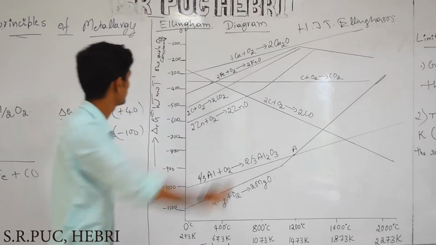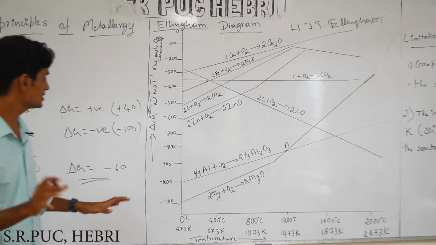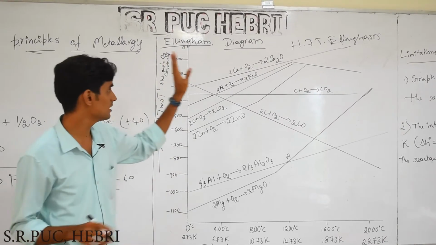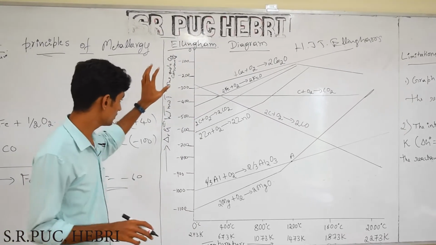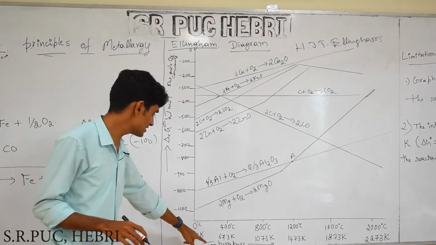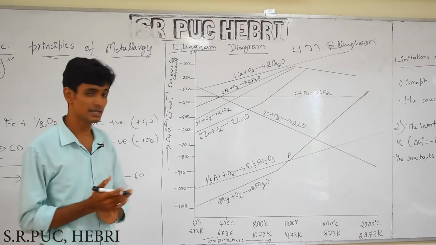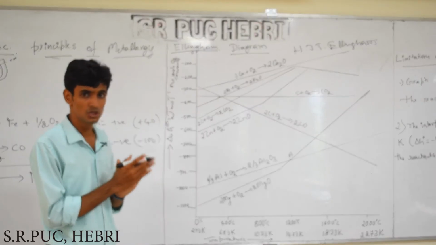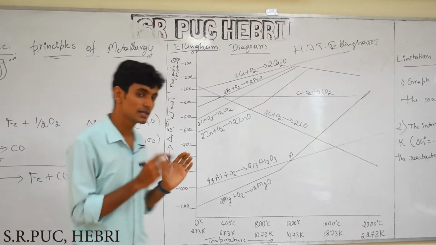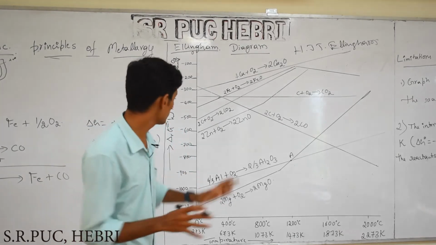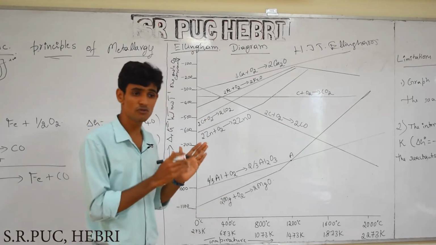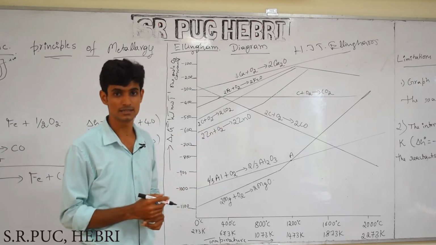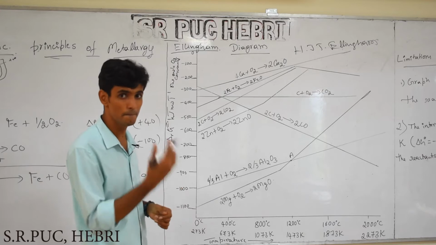In other words, for oxidation reactions, H.J.T. Ellingham has given one plot of temperature versus delta G value. Using this diagram or plot, you can guess which reducing agent can be used for a metal oxide, to reduce any metal oxides to metals.